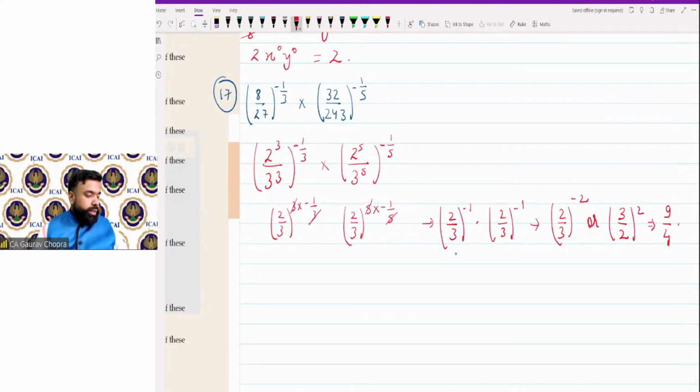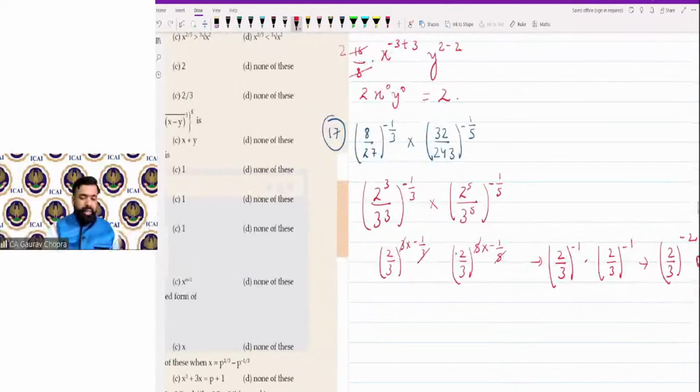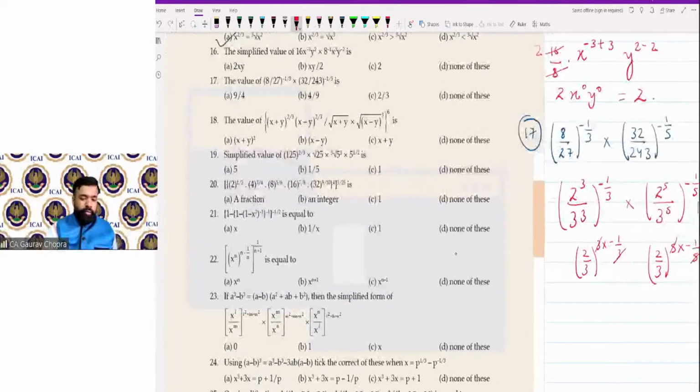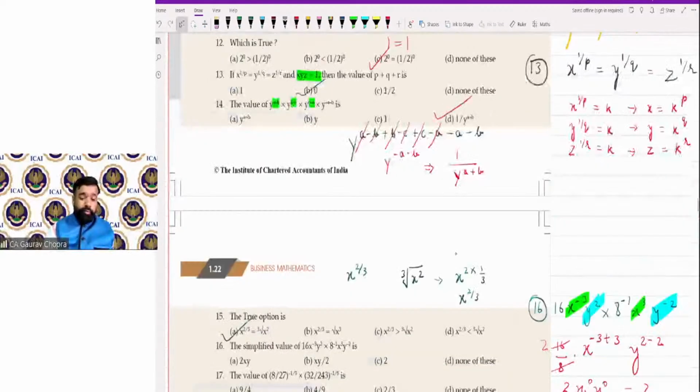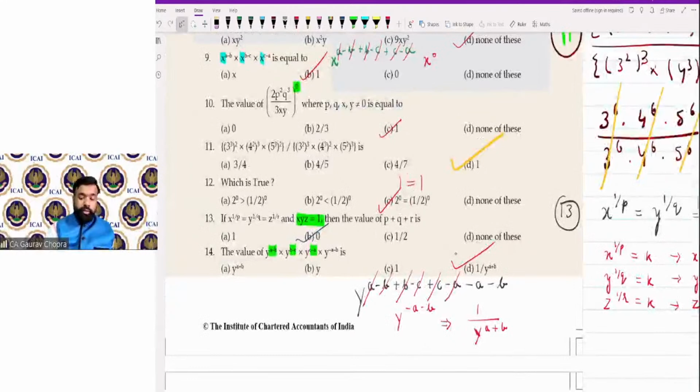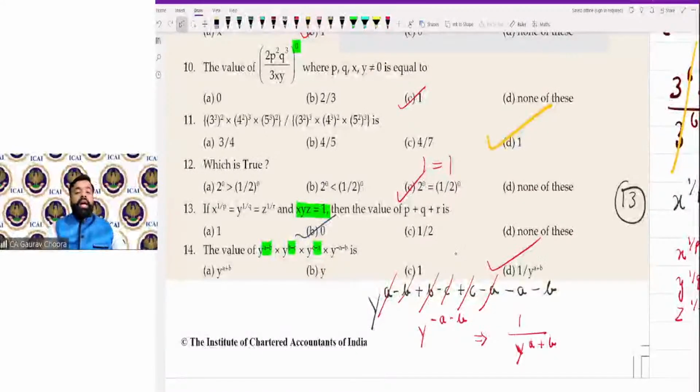So everyone has given the answer 9 by 4. Then Yash is asking about point number 7 and question number 12, which concludes 2 is equal to half. See, 2 and half will be equal if the power is 0.